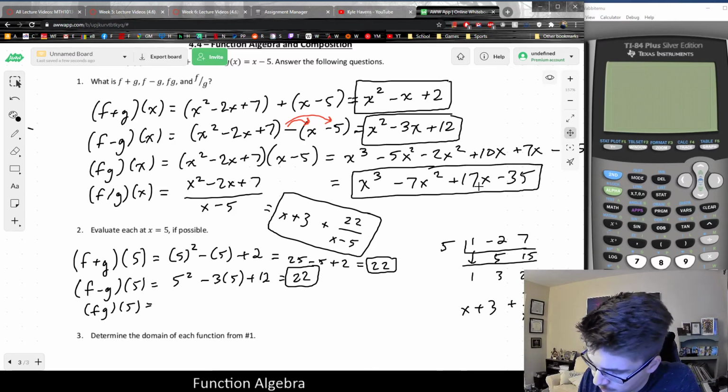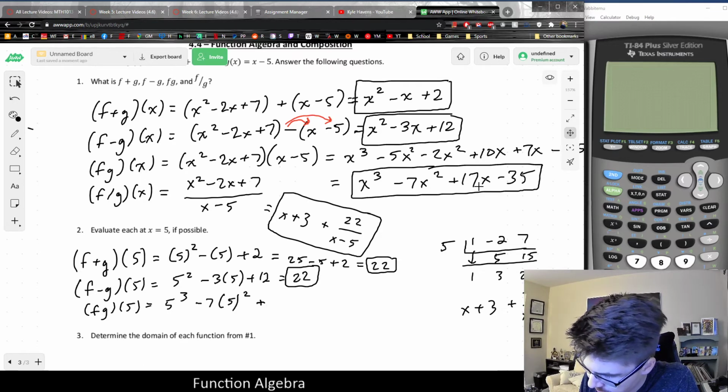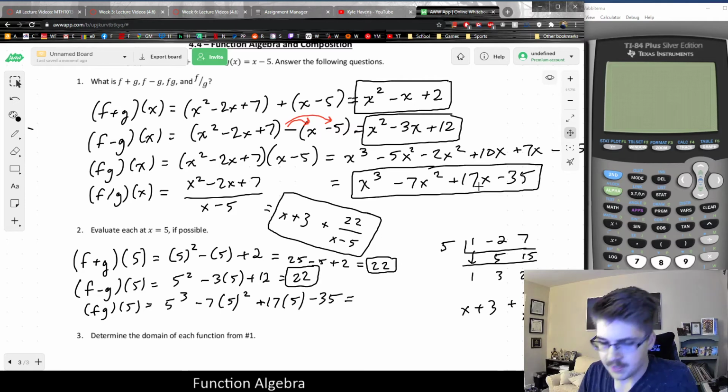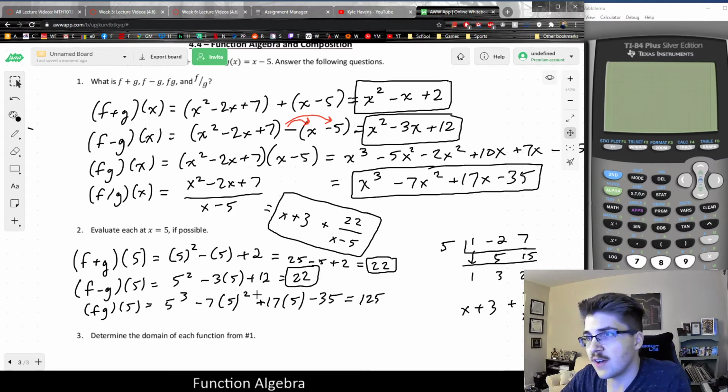So that would be 5 cubed minus 7 times 5 squared plus 17 times 5 minus 35. I'm now wishing I picked a little bit less obnoxious numbers to work with, but it's too late. 5 cubed is 125. 5 squared is 25 times 7 is 175.